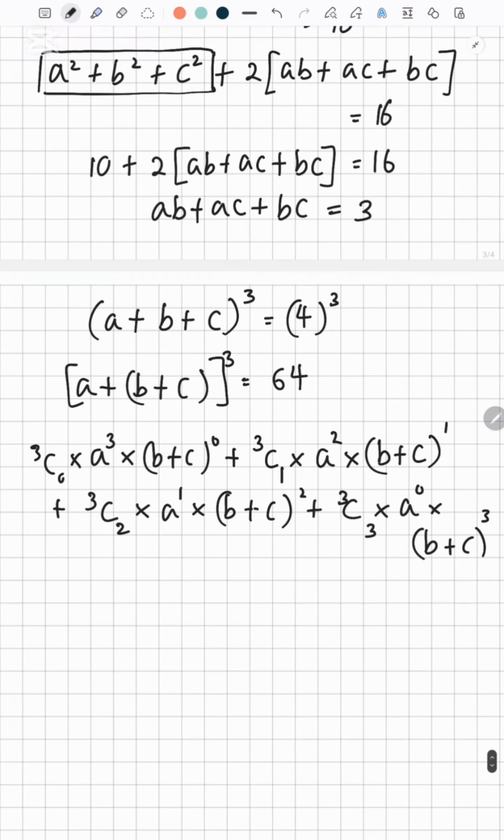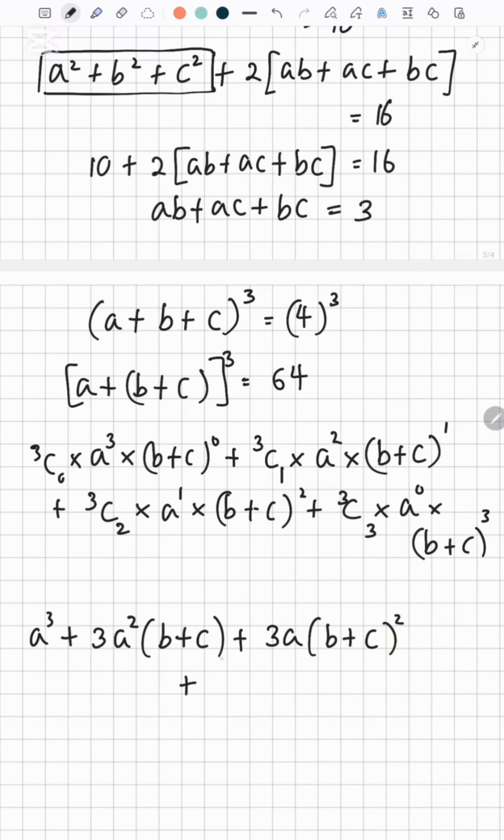So now 3C0 is 1, so it's just a³ plus 3 times, 3C1 is 3, so that is 3a²(b + c), plus 3C2 is also 3, 3a(b + c)², plus (b + c)³, and this whole thing equals 64, right? I just won't write that down, so it's (a + b + c)³ = 64.